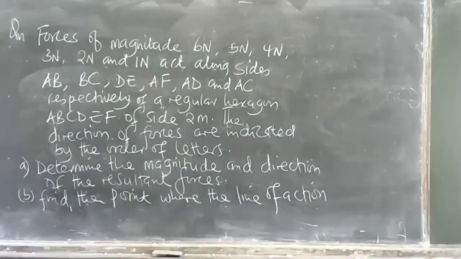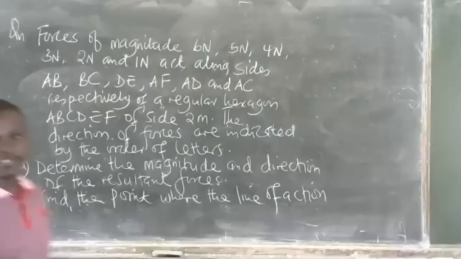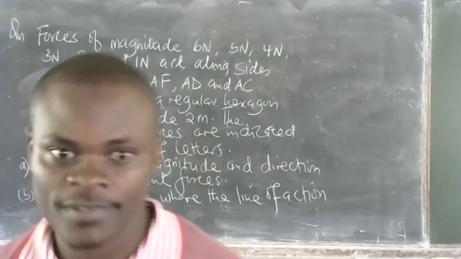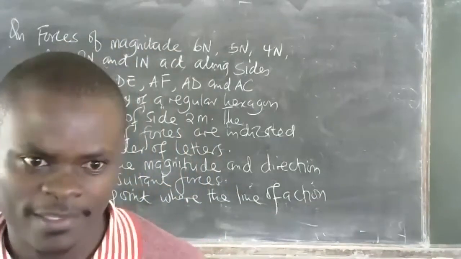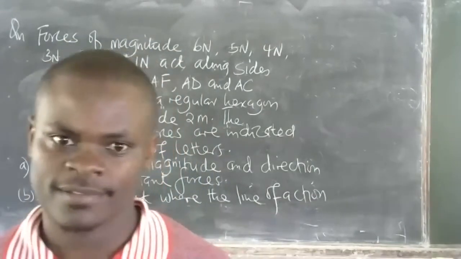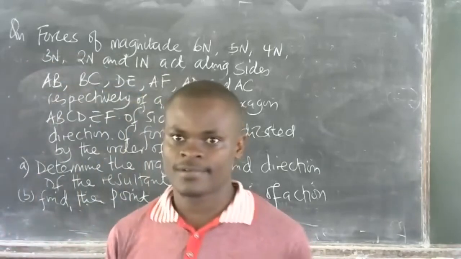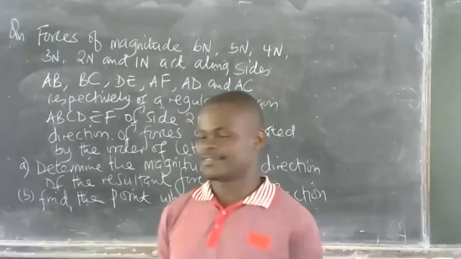Where is the line of action of the resultant? Hope you guys are copying the question. Someone is saying I'm lost.